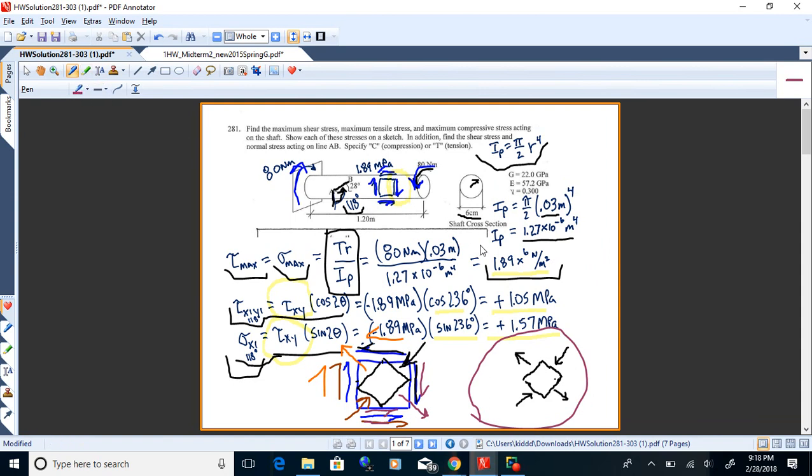I'm writing with the mouse, so I'm not even going to try and write this number. But that number would go here, 1.89 times 10 to the 6, and there. So that's visually how you can draw up the maximum shear element right up there, and the maximum normal stress element right there.